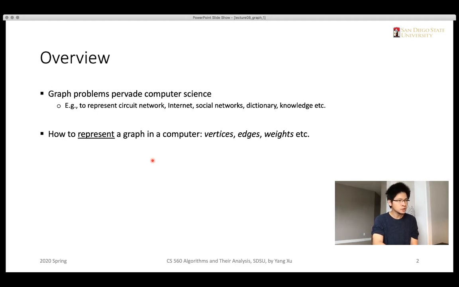Okay, so in this lecture, we are going to cover how we represent a graph in computer with different types of data structures. We will introduce concepts like vertices, edges, and weights, and so on.